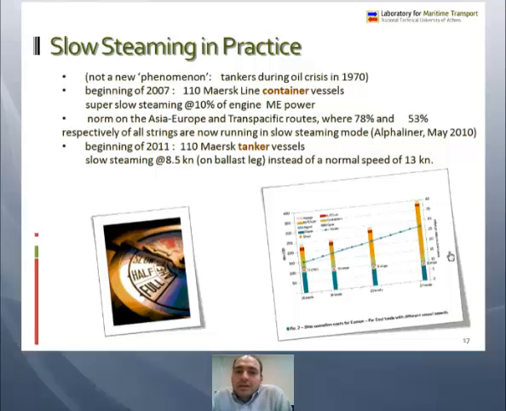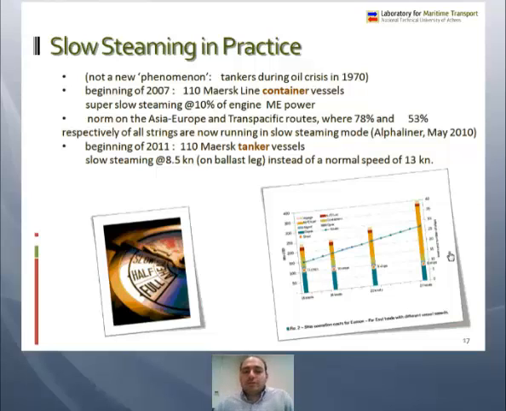But slow steaming and super slow steaming is not a new phenomenon. Tankers were also slow steaming during the oil crisis back in '97.